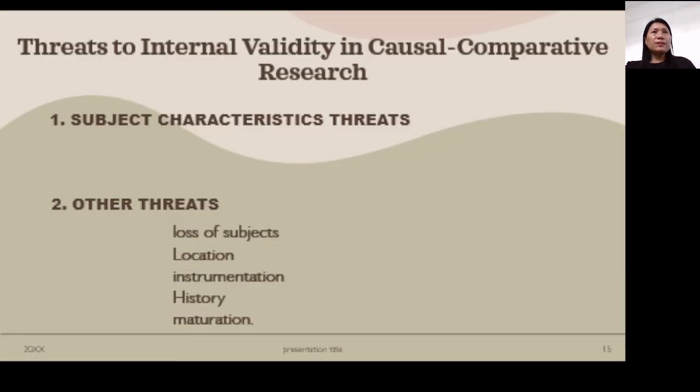One of the major threats is the possibility of a subject characteristics threat. This happens because since the groups are already formed, the researcher has nothing to do with the selection or the formation of the comparison groups.